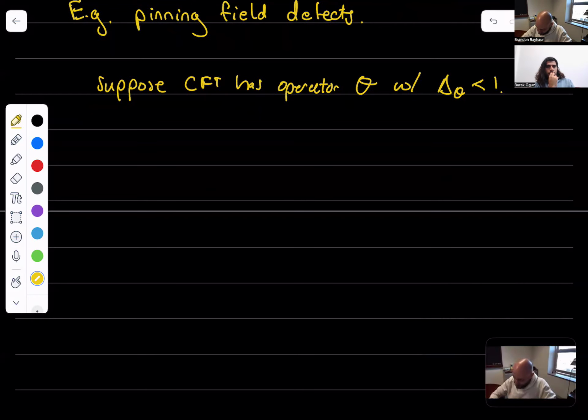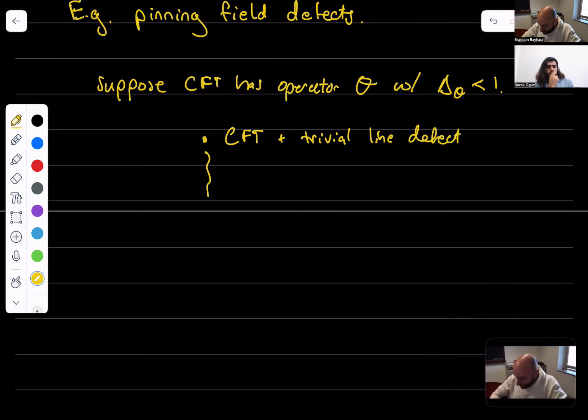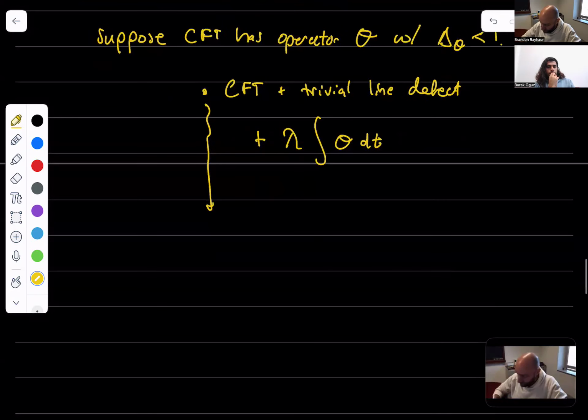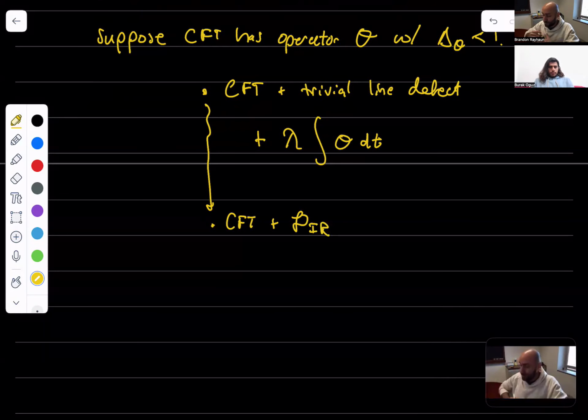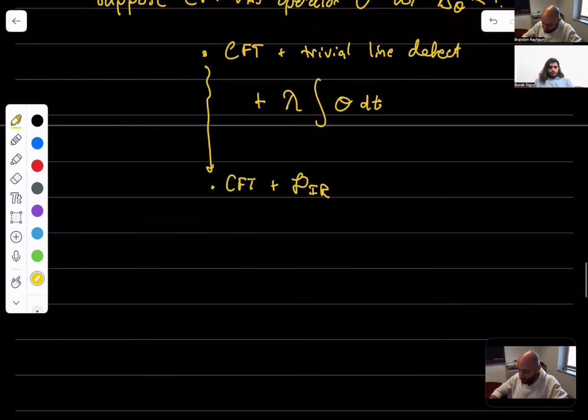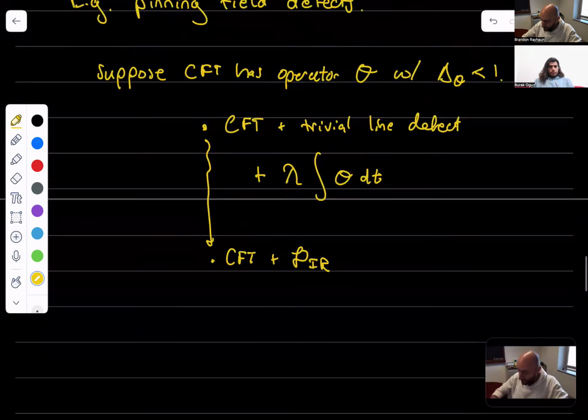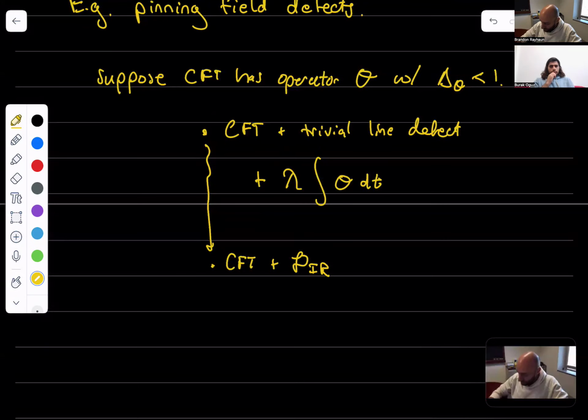So you can start with the CFT in the UV plus the trivial line, and you can trigger an RG flow using this local operator by integrating it against time, let's say. And you'll land in the IR on some defect. What can we say about this defect? Well, by the G theorem, notice that the line defect in the UV is the trivial line.